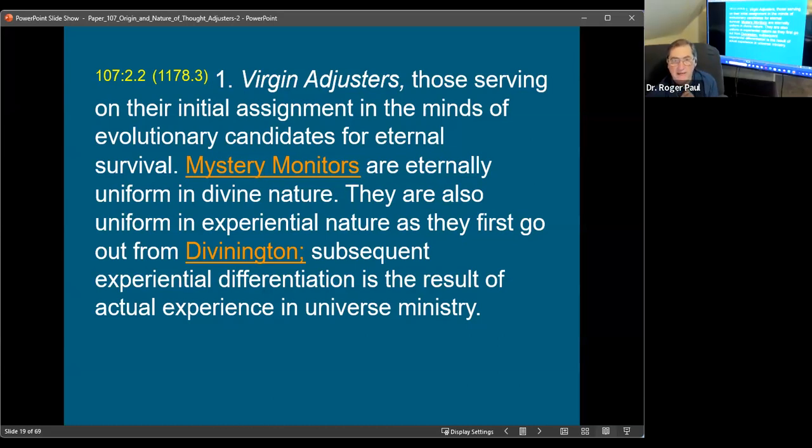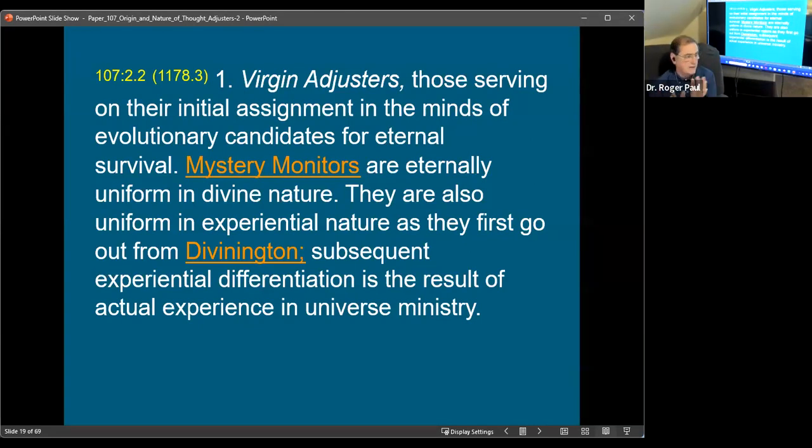And once that happens, that's what this differentiation is talking about. So every single adjuster becomes what? Unique, because he's got a unique experience depending on what being, even the beginning beings, and what being they're going to end up with after that first experience.